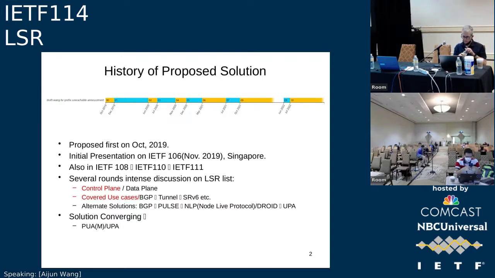Previously, we focused on both the control plane and the data plane convergence. After discussion, we converted to focus on the control plane switchover. We also discussed intensely the use cases of such information, and I think currently we all understand that there are several use cases that need such useful information.